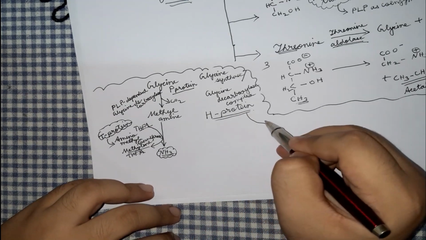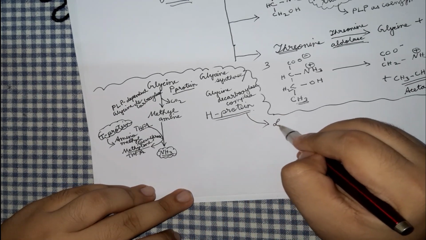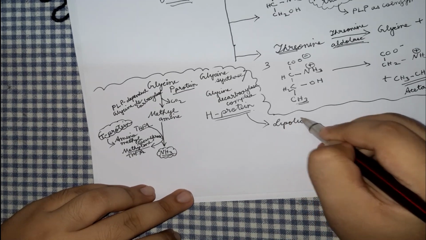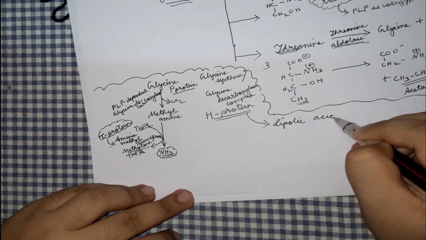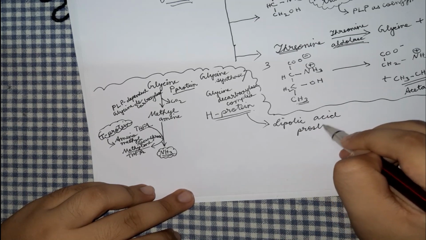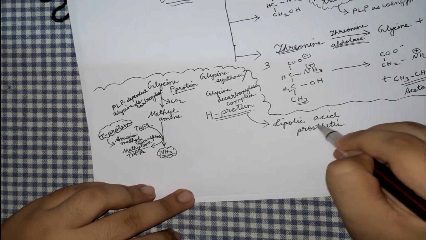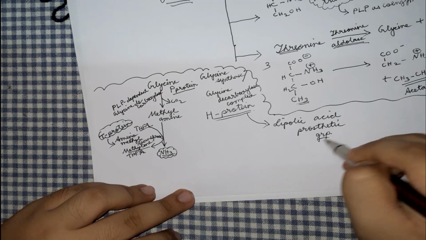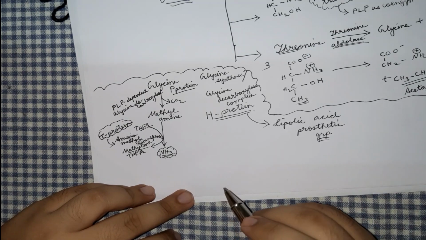Now this H protein has lipoic acid as its prosthetic group. The lipoic acid is its prosthetic group, right?